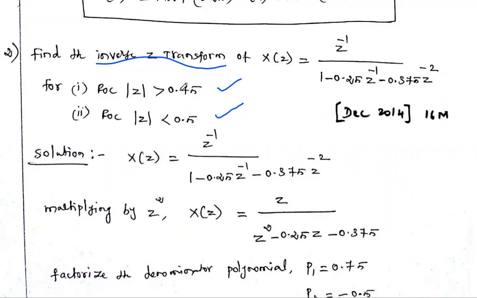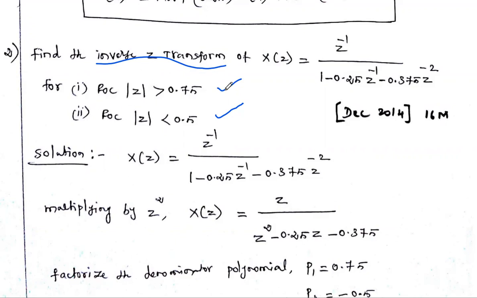According to the ROC property, if the time domain signal is a causal signal, the ROC is modulus of z greater than some value. That means the region of convergence is the exterior part of a circle having some radius.